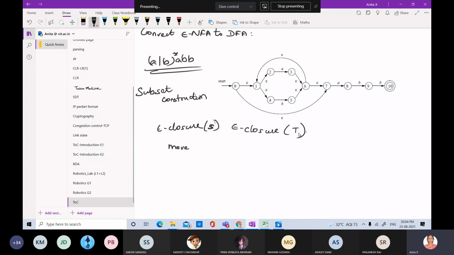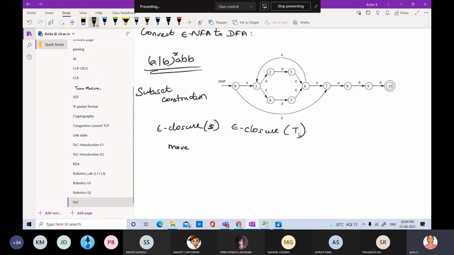Epsilon closure of T is the set of NFA states reachable from some NFA state s in set T on epsilon transitions alone.